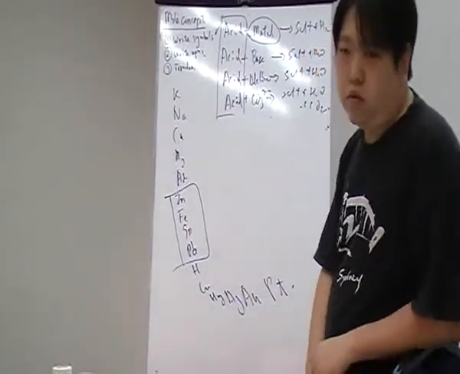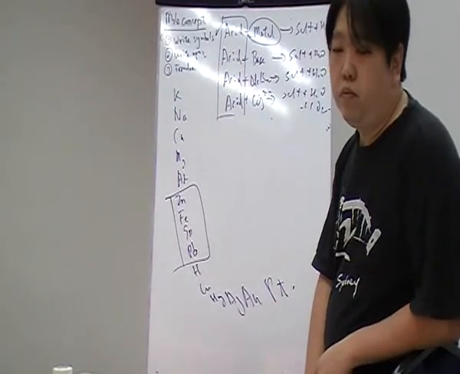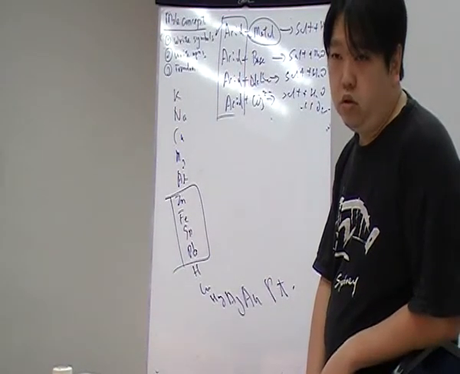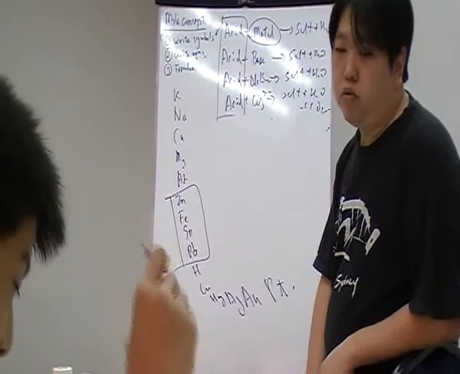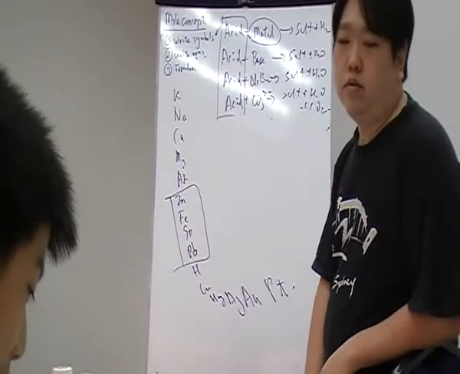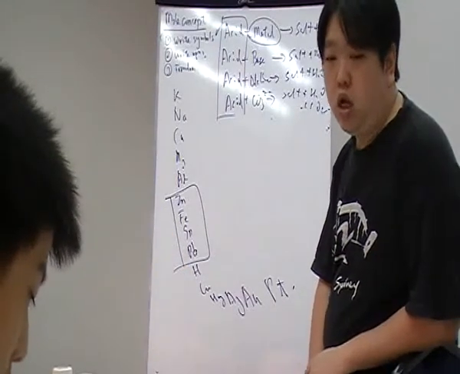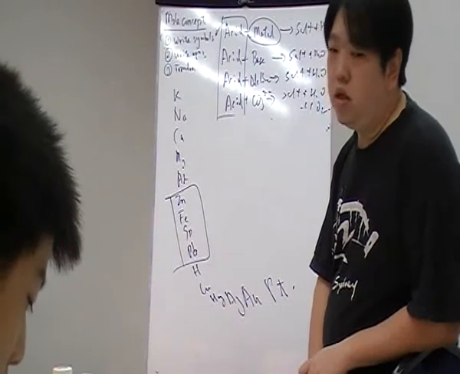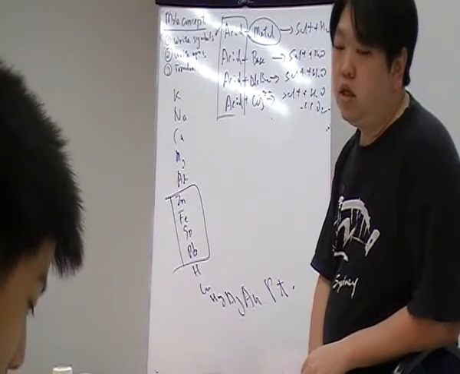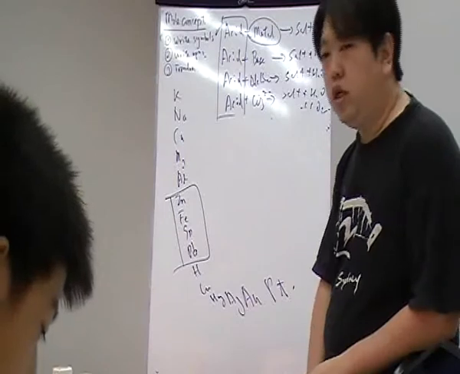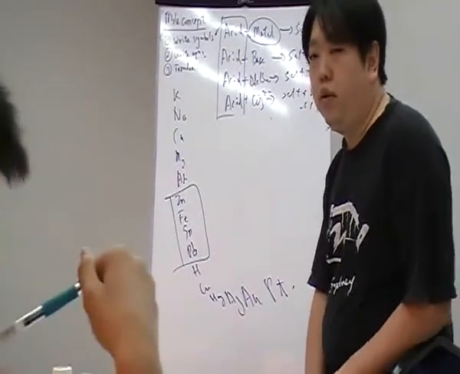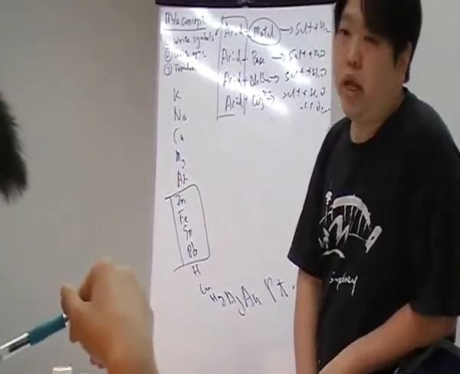Transition elements means it doesn't belong to any group, not group 2, not group 3. Scandium. What's the atomic number? 21. So if you first hit the transition elements at 21, they don't want you to learn 21.